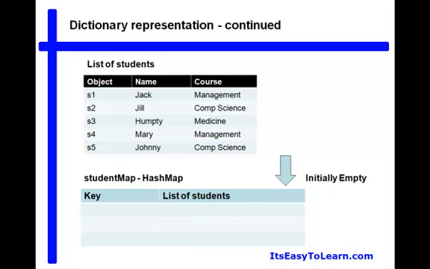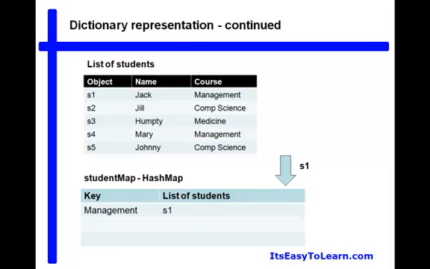So as we iterate the list, we first look at the student S1. S1's course does not exist in the map. So what we do is we create an entry, key as management, and value is a list, and we add S1 to that list. Next, the next course is S2's course, which is computer science.